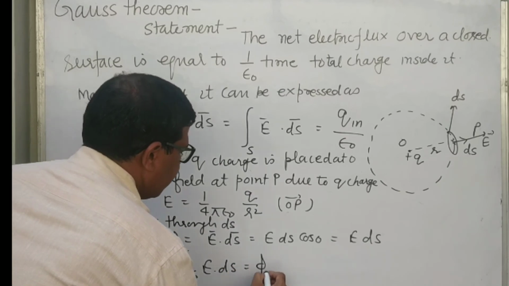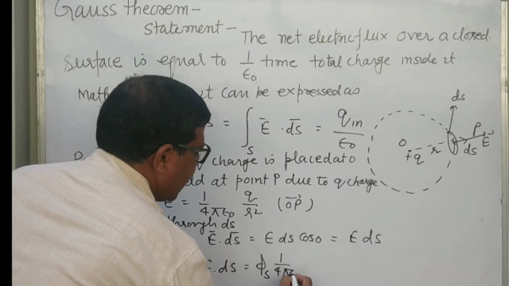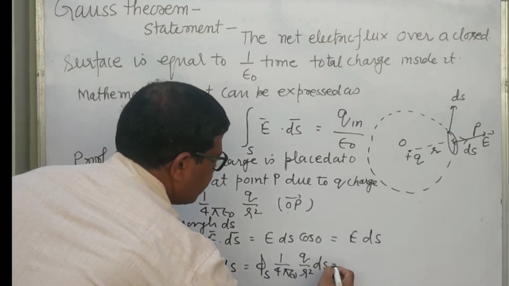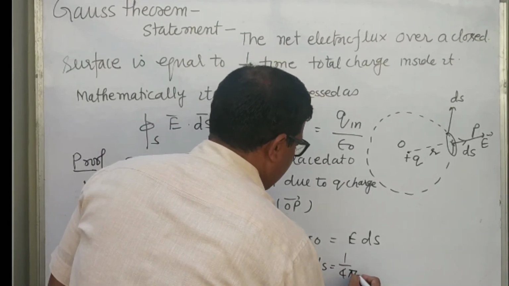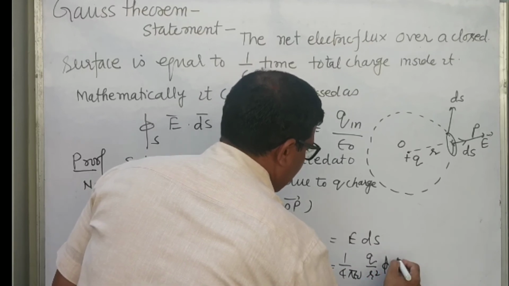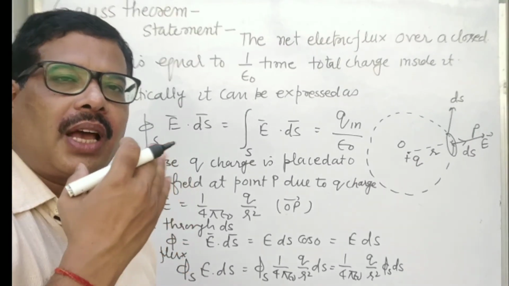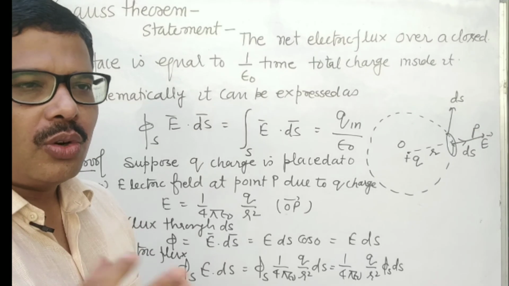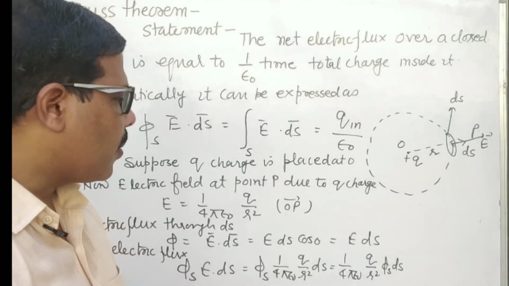Now the surface integration, the value of E is 1 upon 4 pi epsilon 0 q by r square, ds. Now 1 upon 4 pi epsilon 0 q by r square, the surface integration of ds. The surface integration of ds means we have to find the area of the spherical shape. You know well, the area of the sphere is 4 pi r square.